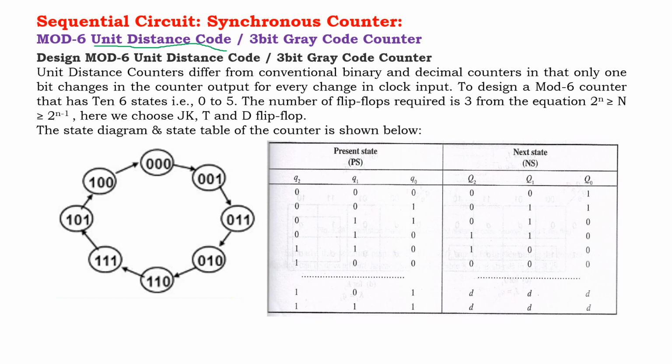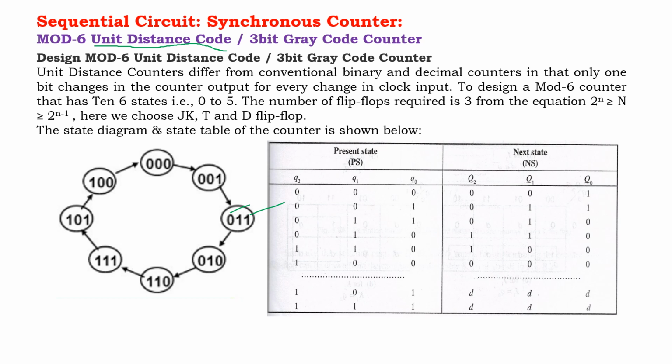Suppose that is the 3-bit, so that means 000, then 1 bit position changes, so the first two bits should be intact, and in the last position 0 and 1, this is the 1 bit position change.